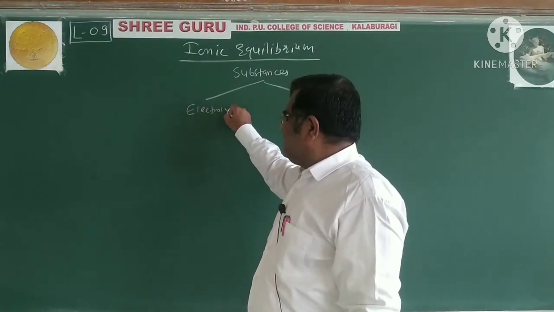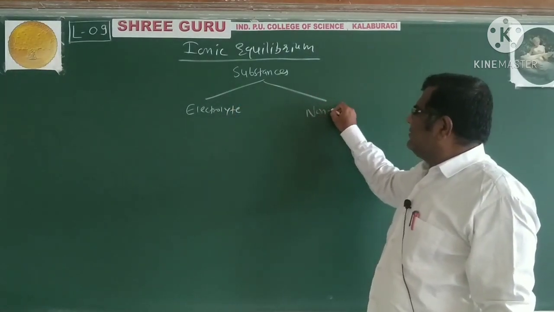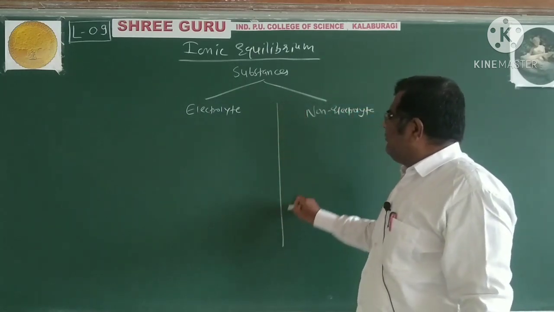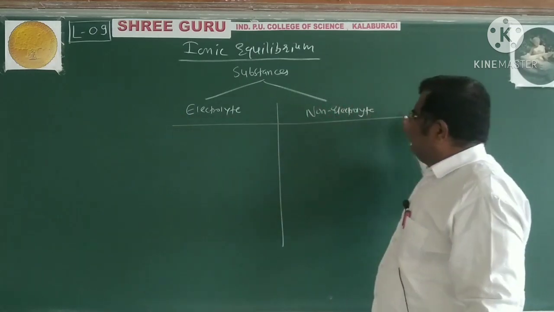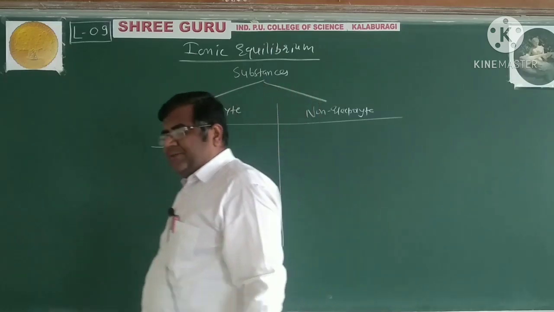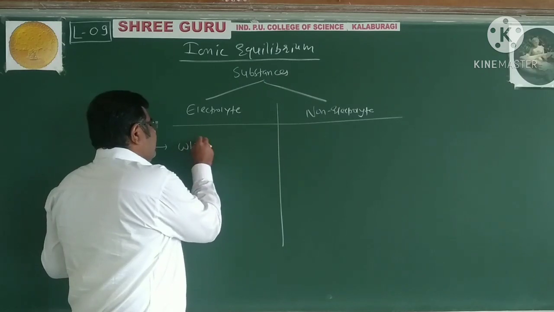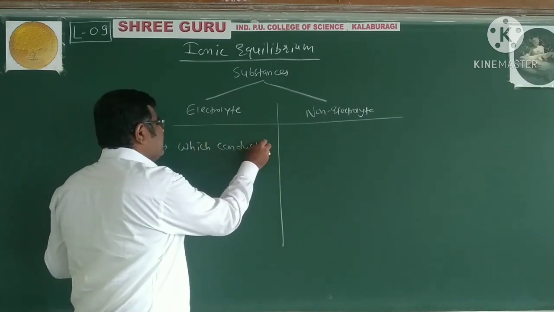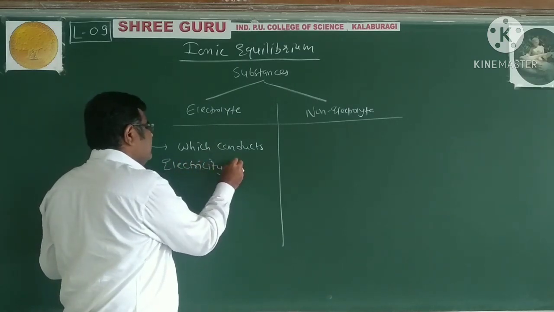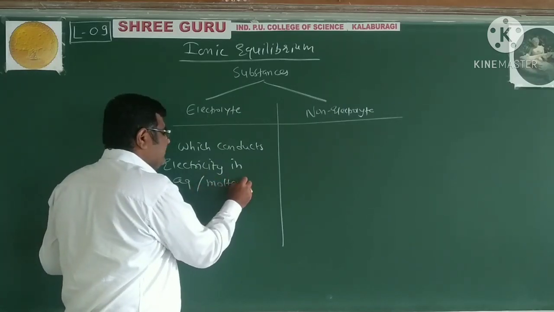One is called electrolyte and another is called non-electrolyte. So what do we mean by electrolyte and non-electrolyte? We can say electrolytes are the substances which conduct electricity in aqueous or molten state.